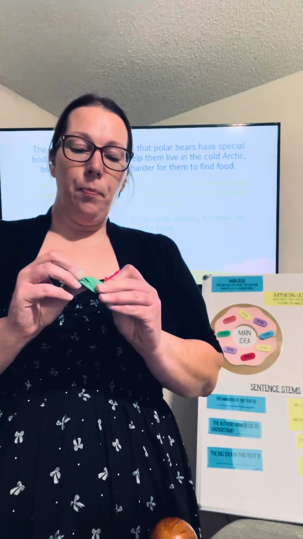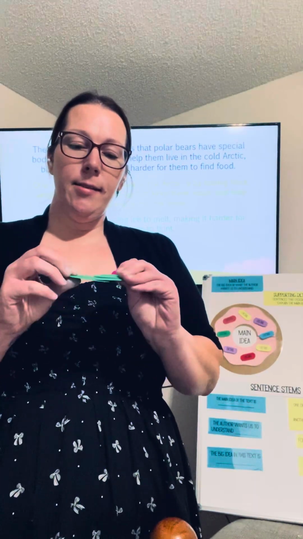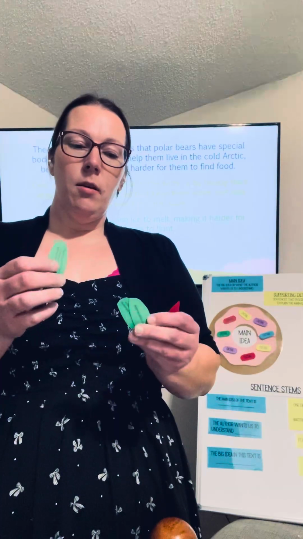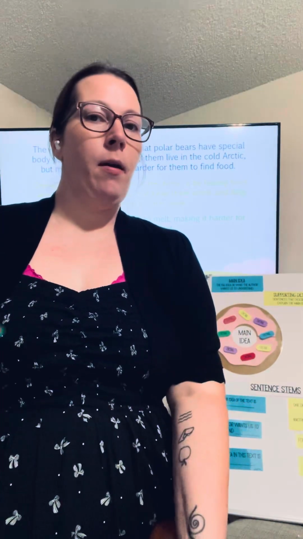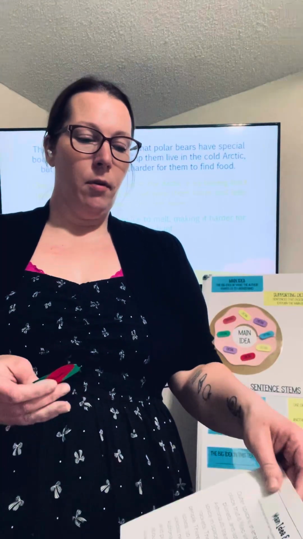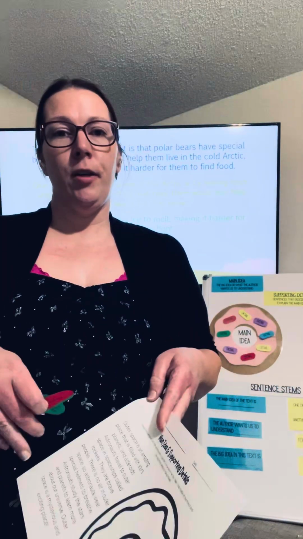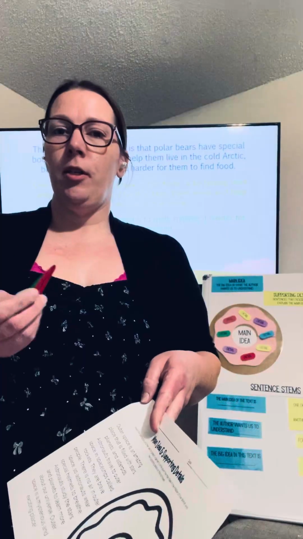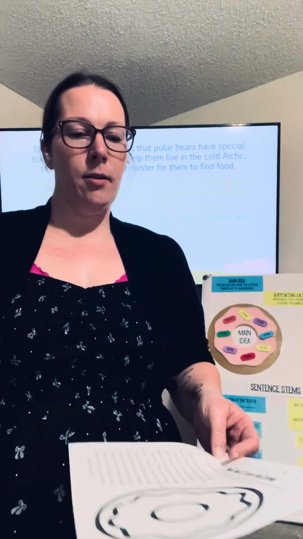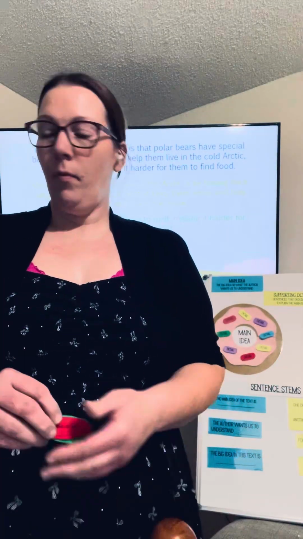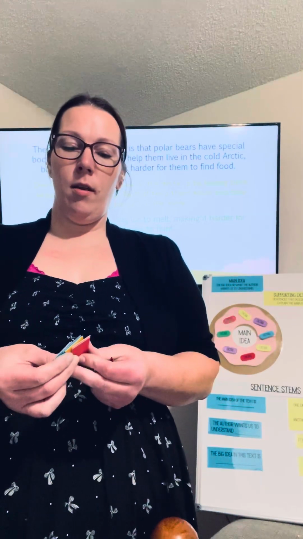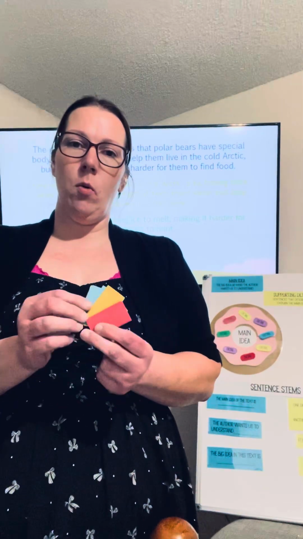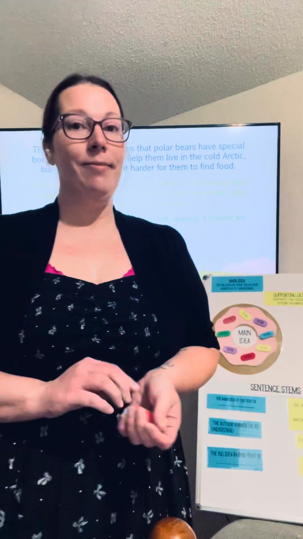I did some multiple choice supporting details, and I would work together with them in a small group to help them find the central idea and which of these are good supporting details. And everyone else had blank ones to write their own. So thank you.